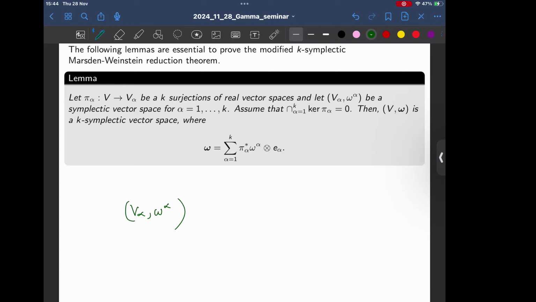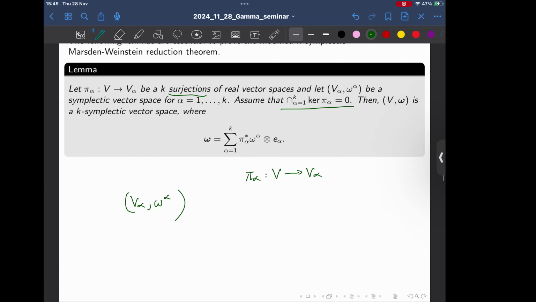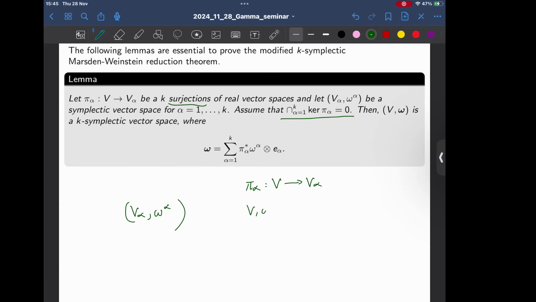And now if we find maps P_α, projections from V to V_α, it's easy to see that if this condition holds and the P_α are surjections, then we have that (V, ω bold), with ω bold defined as the sum of P_α^* ω_α, is a k-symplectic manifold.